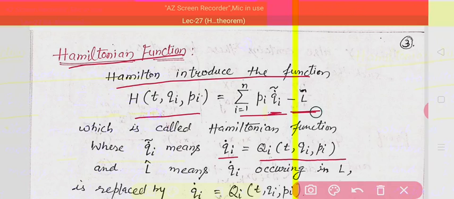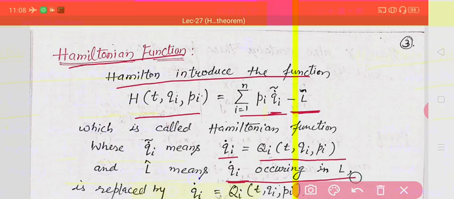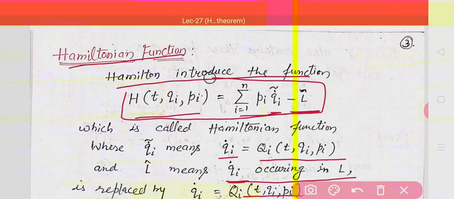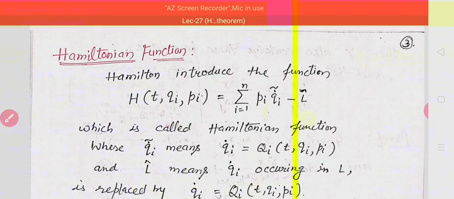And L tilde means that wherever qi dot is present in L, the Lagrangian function, it is replaced by capital Qi of t, qi, pi. This type of function is known as the Hamiltonian function.